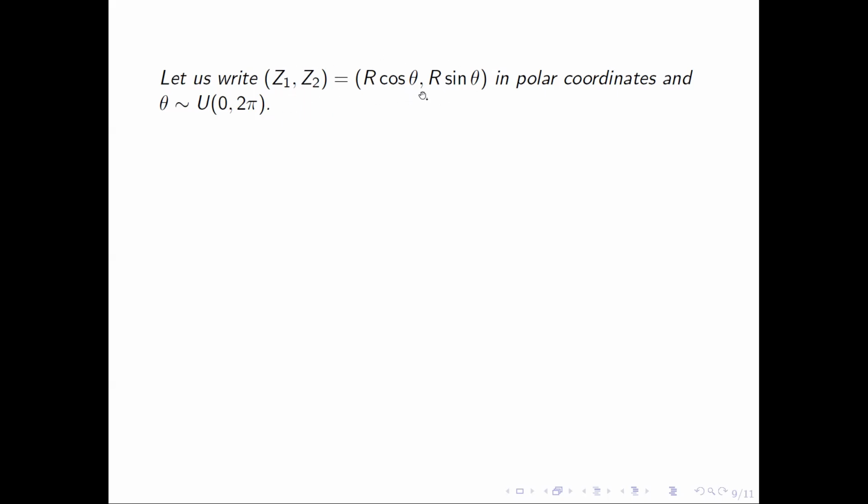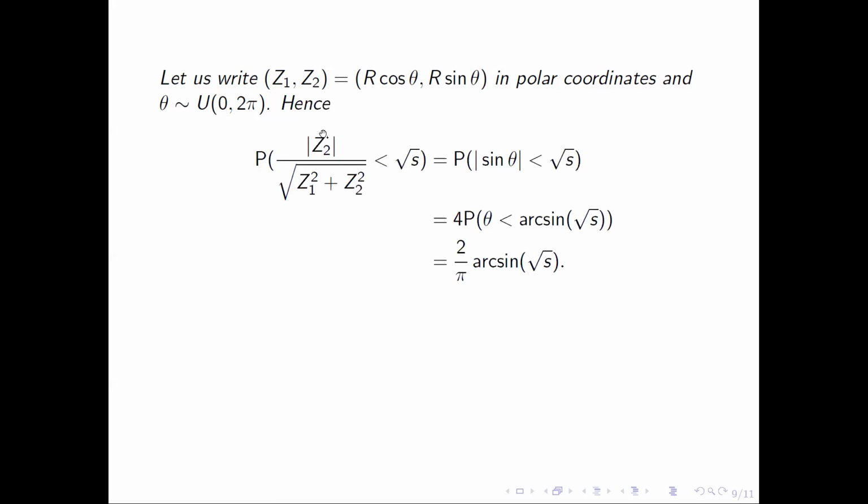So what does the joint density of Z1 and Z2 look like? It's a double integral of e to the power minus (x squared plus y squared) dx dy. So what happens to the angle in the polar coordinates? The angle immediately becomes uniform on 0 to 2 pi. So it's a nice thing for us.